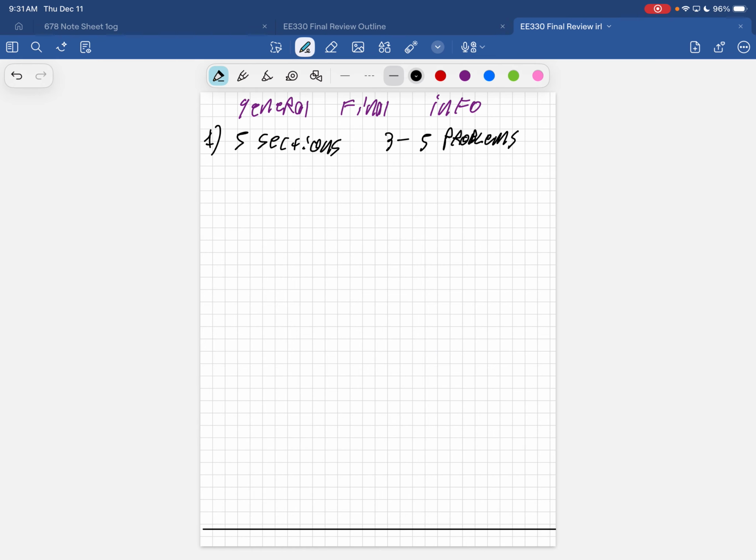And then one of these 5 sections will get dropped from your grade. And then for each of the problems, if you do multiple attempts, each one of those attempts will get averaged together. So let's say section 1, problem 3, you do twice, you'll get the score in between the 2 of those attempts.